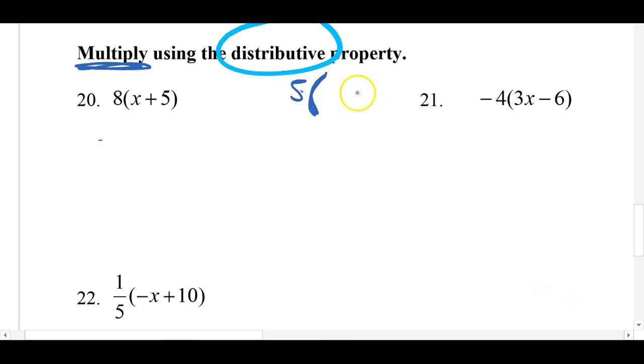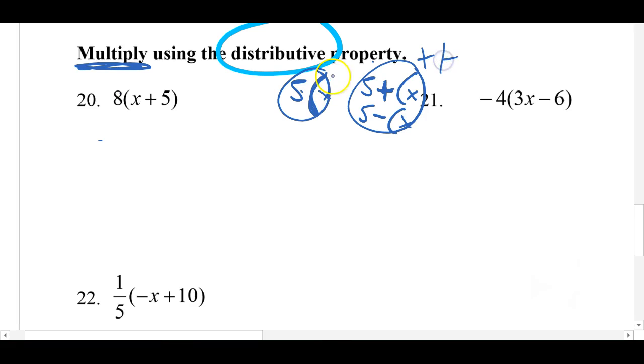If there's a plus right here, or a minus right here, this is not touching. This is touching, because there's nothing between. So this would be add, subtract. This is multiply. So that's what we're doing here, is just multiplying.